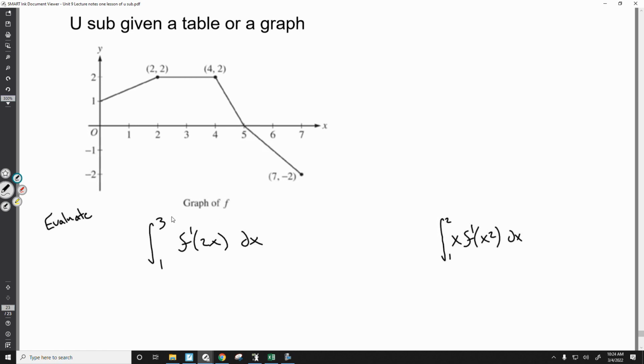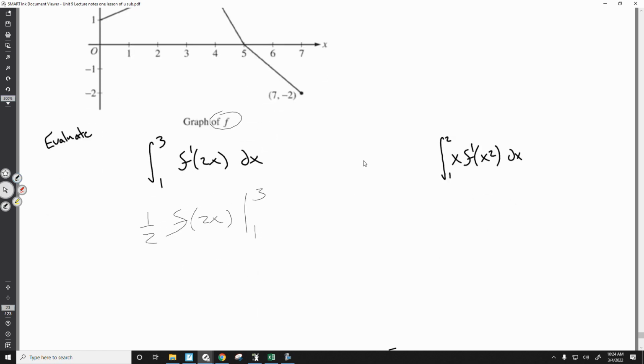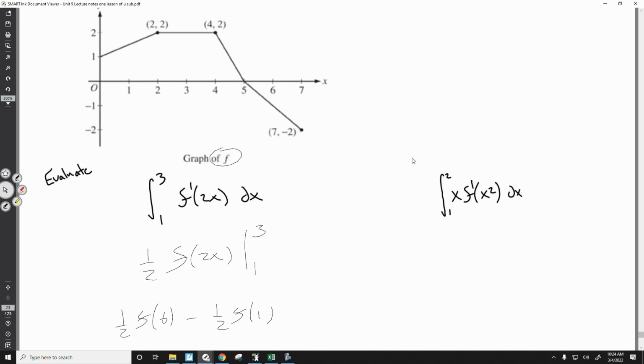The goal is to take the antiderivative of this, plug in 1 and 3, and you're given the graph of f. You could use U-substitution or not. If you don't use U-substitution, you take the antiderivative of the outside, leave the inside alone, understand you need a 1/2 in front. Plug in 1 and 3. What happens? 1/2 f of 6 minus 1/2 f of 1. f of 6 is a value I can find.